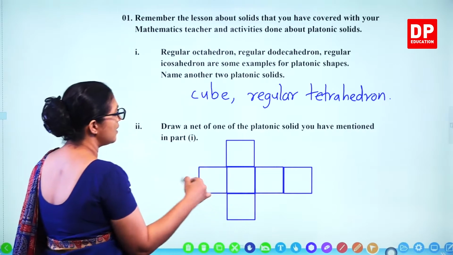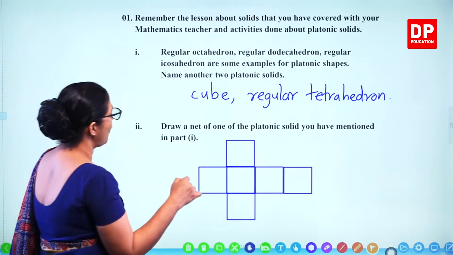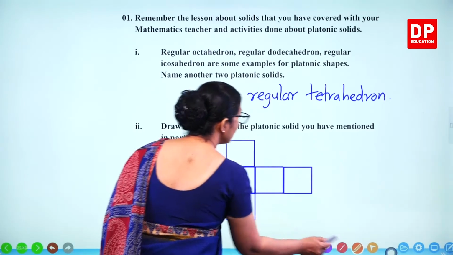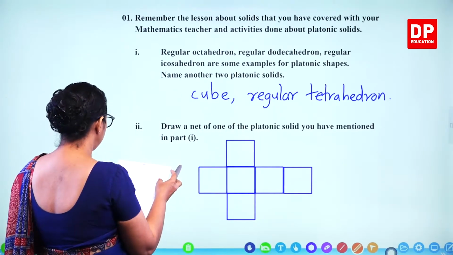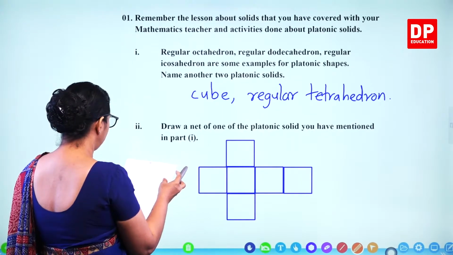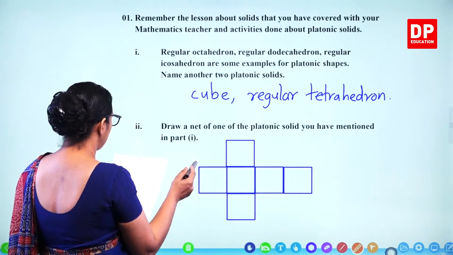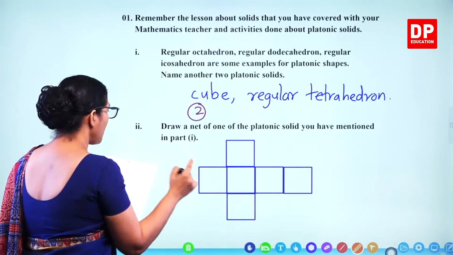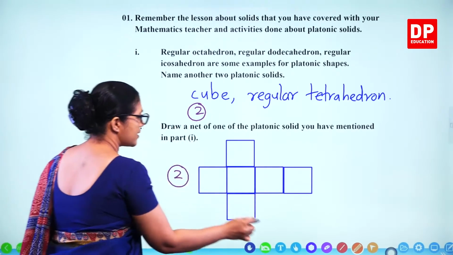So that's the net for that. So how many marks for that one? You are getting 2 marks for writing any 2, and 2 marks for the net.